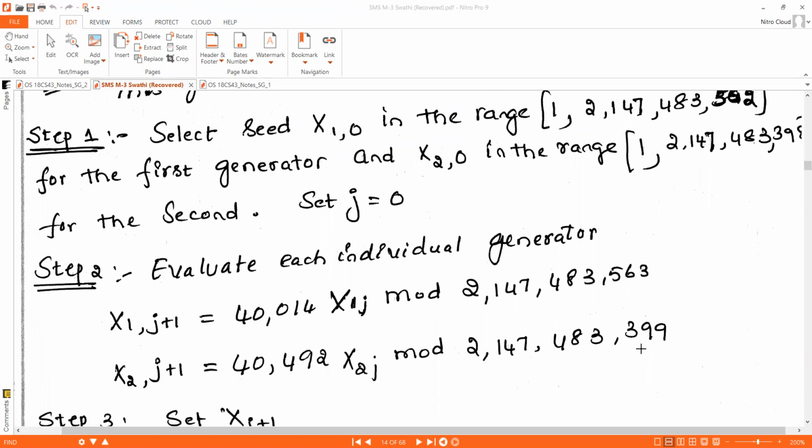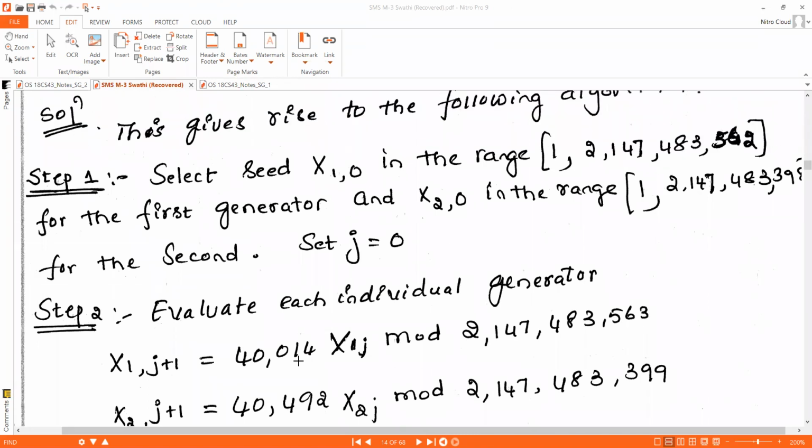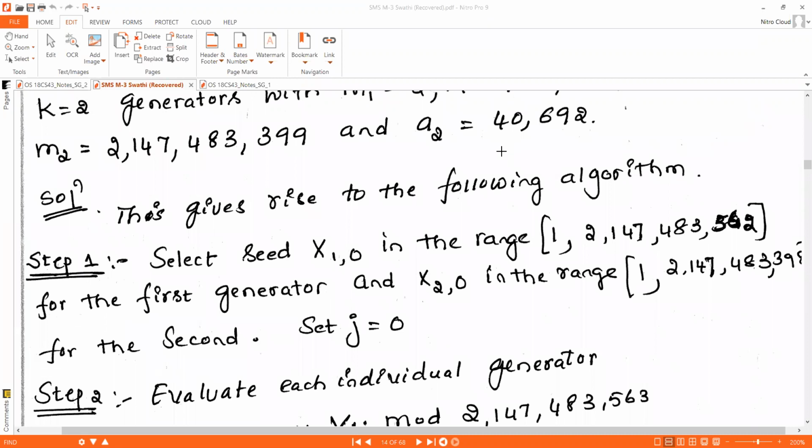Next, for x2 it is the same thing. We substitute the a2 value and m2 value. The a2 value given in the problem is 40692, into x2,j mod m2. The m2 value is given as 2,147,483,399.